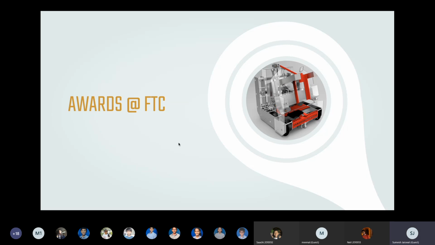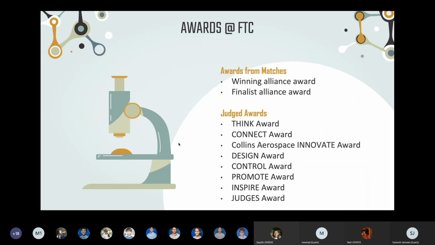Okay, moving on to the awards that were given out at FTC. There are 2 kinds of awards. One kind is the awards you get for match performance, and the other kind are called the judged awards. When you play matches, reach the semi-finals, win the semi-finals, and reach the finals, you play the finals.